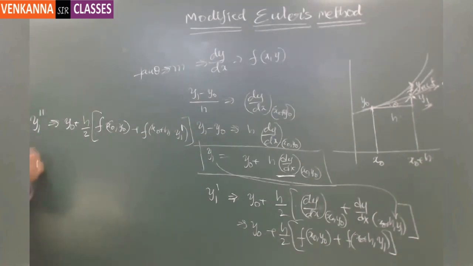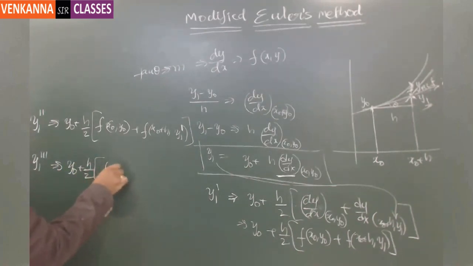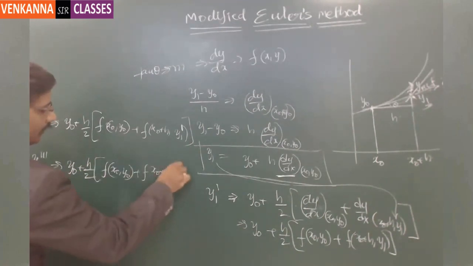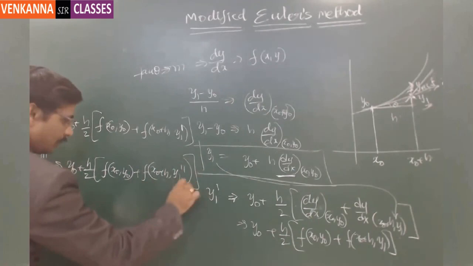Similarly, y1 triple dash you can calculate as y naught plus h by 2 times f of x naught comma y naught plus f of x naught plus h comma y1 double dash. It will give a still better approximation.